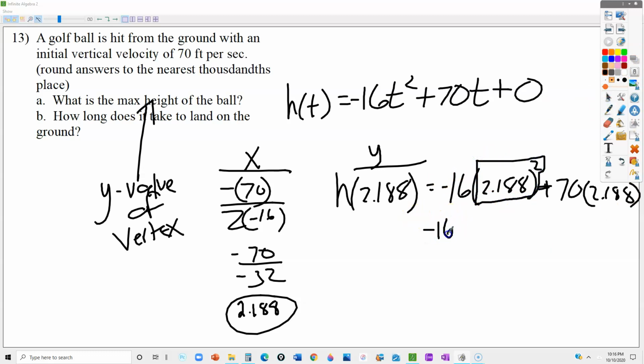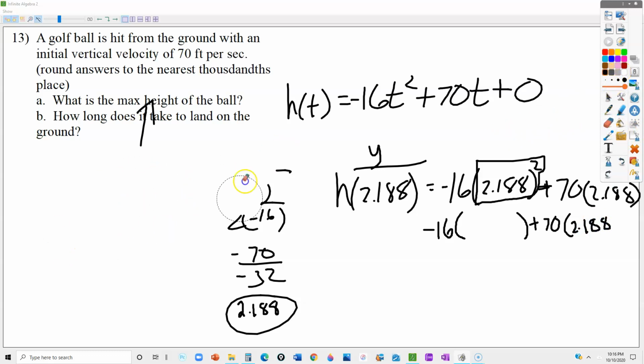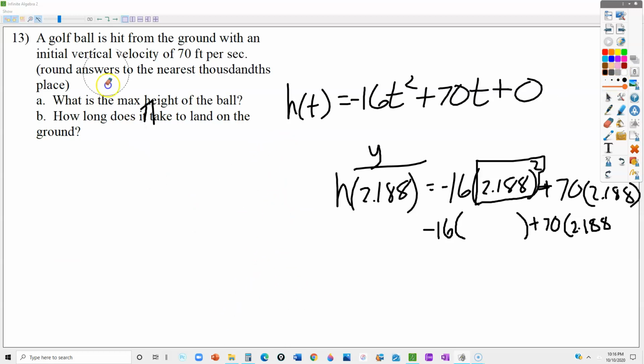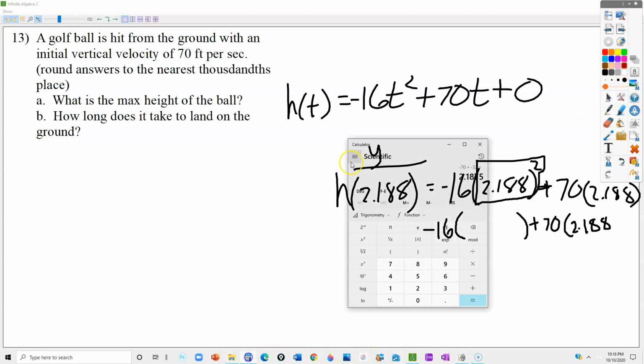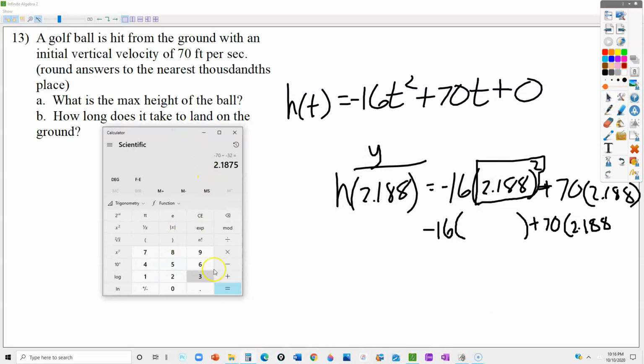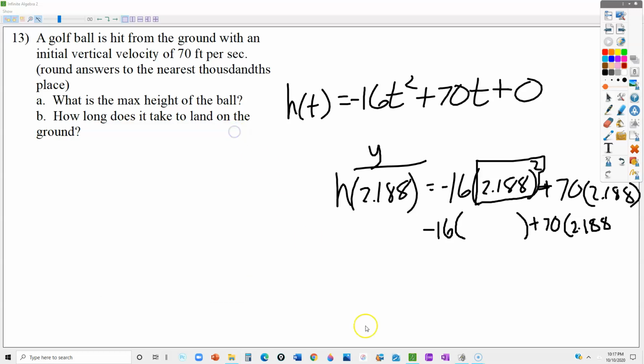You always do your squaring first. All right, then bring up my calculator to square it. 2.188 squared is going to be 4.787, and once again, if I round it to the thousandth place, that's going to be 7.